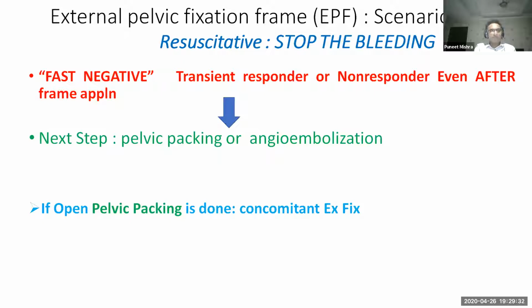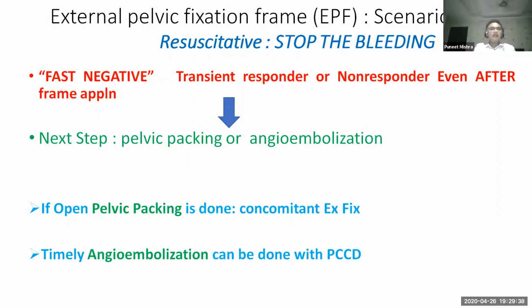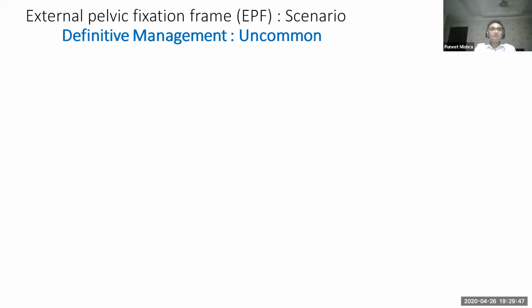If you plan to do an open pelvic packing, then you will have to apply a concomitant external fixator, and in case a timely angioembolization is available, then this can also be done with a circumferential pelvic compression device like a pelvic binder.